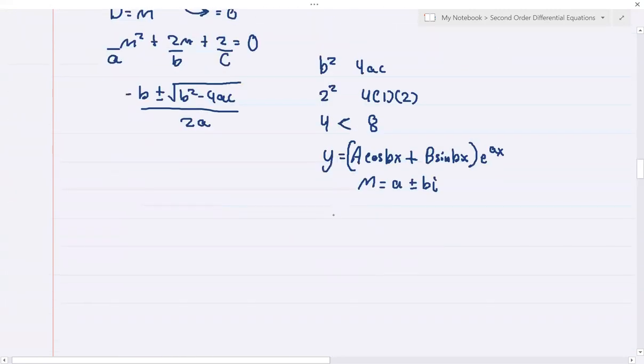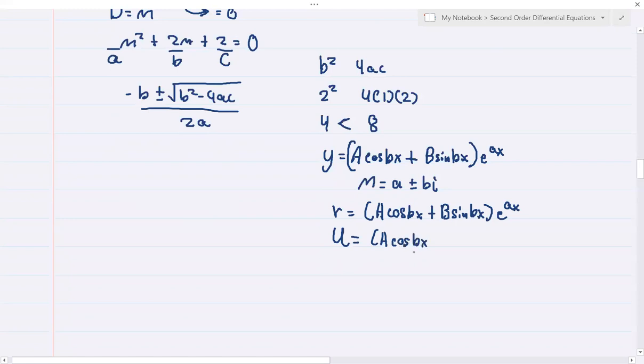So we will have r is equal to a times cosine of small bx plus b times sine of small bx times e raised to small ax. And that will be your u function. Remember, the way you find the general solution of your second order homogeneous differential equation is the same way you find your u function.